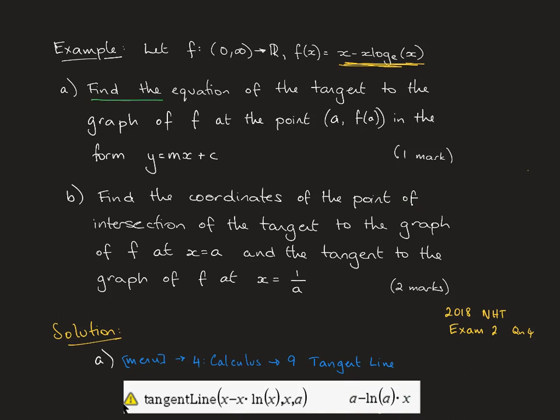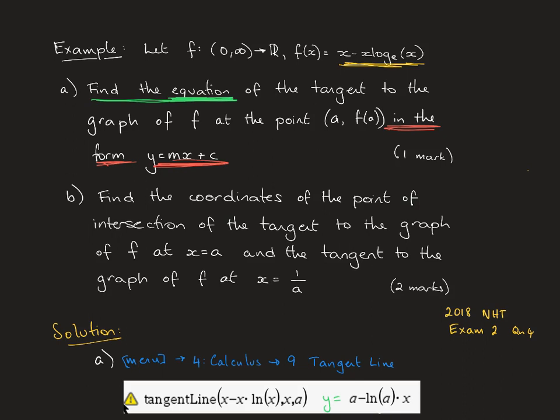It says find the equation. So an equation has an equal sign in it. So we have to put y equals in front of that formula. And then the other thing it says right at the very end is, in the form of y = mx + c.